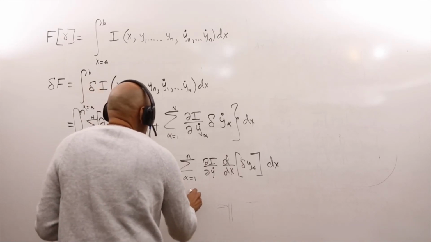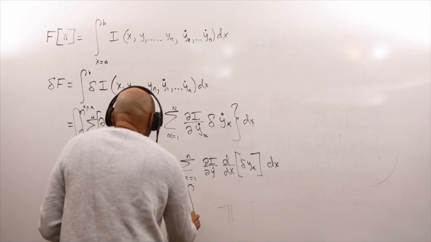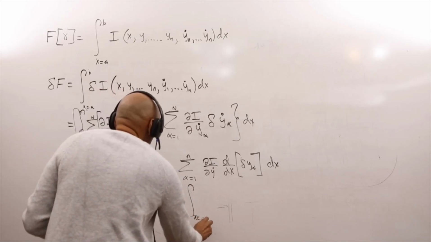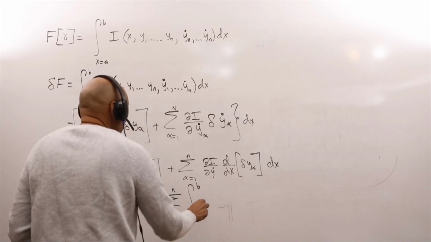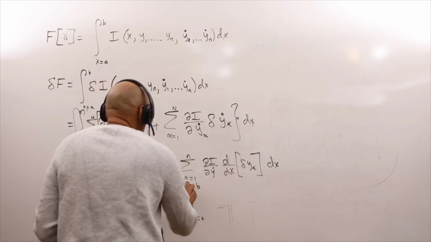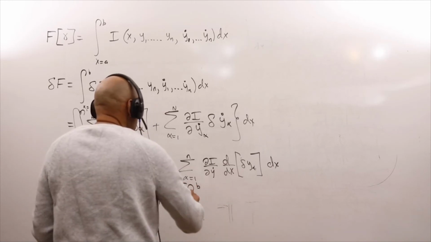And we're left with the integral from x equal to a to b. I'm going through these steps very closely, so put parentheses around this whole thing. I'm going to pull out the summation.